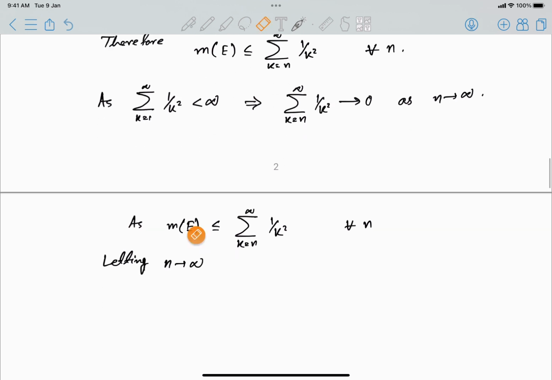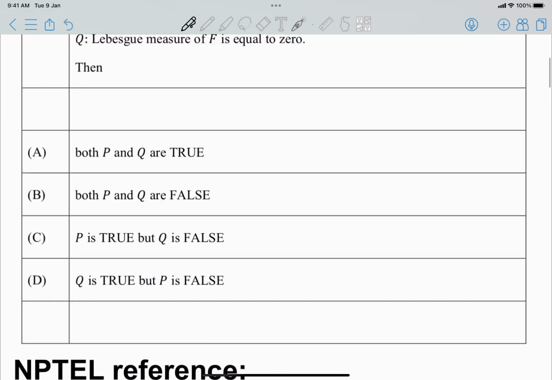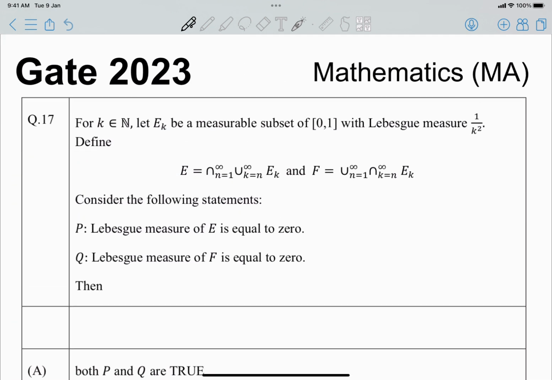Right hand side will go to 0, because this is the tail part of a convergent series, which implies measure of E is 0, right? So the first option is basically correct. Lebesgue measure of E is equal to 0.